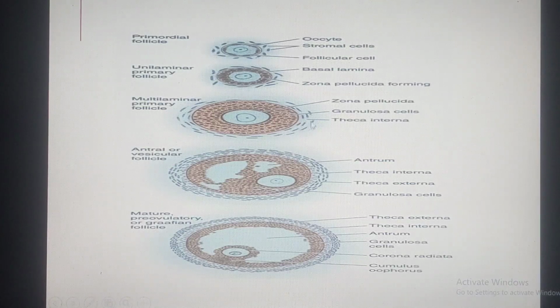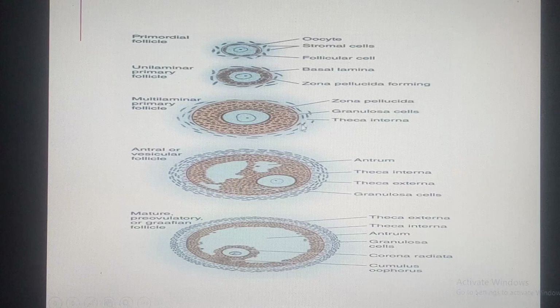But theca interna, which is closer, is roughly cuboidal in nature, and it has properties showing that it makes a lot of steroids, and therefore we find that it has a lot of smooth endoplasmic reticulum. Apart from that, it also has a lot of mitochondria with tubular cristae.